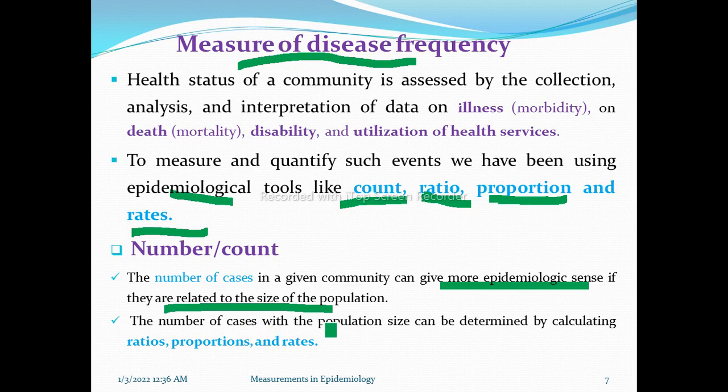The number of cases relative to population size can be determined by calculating ratio, proportion, and rate. The number of cases is the numerator and the population size is the denominator.